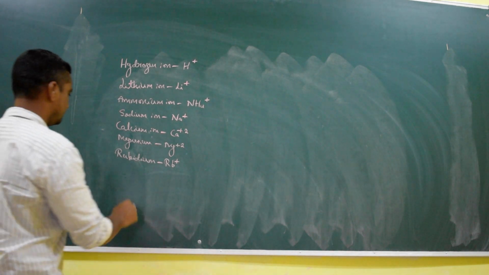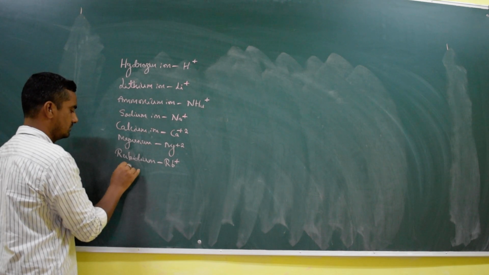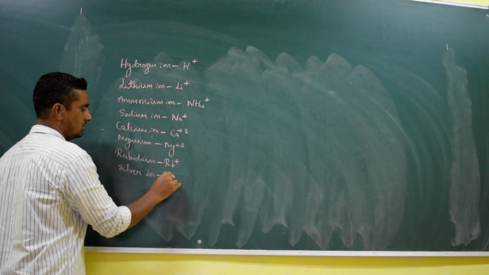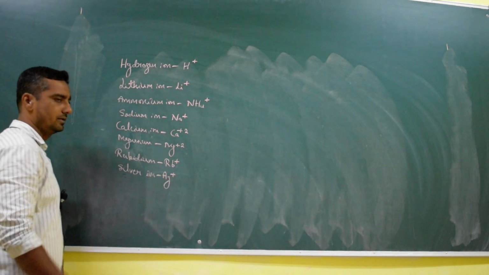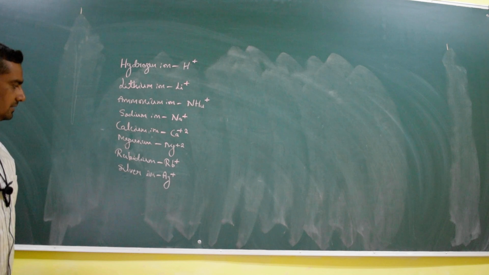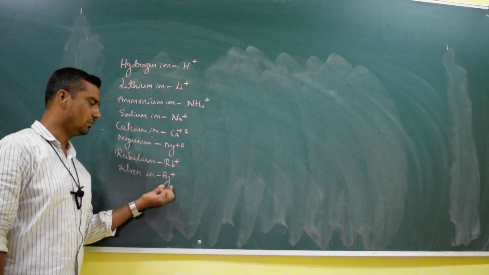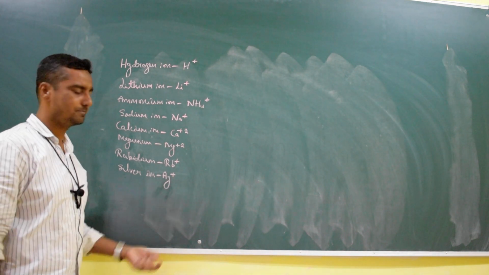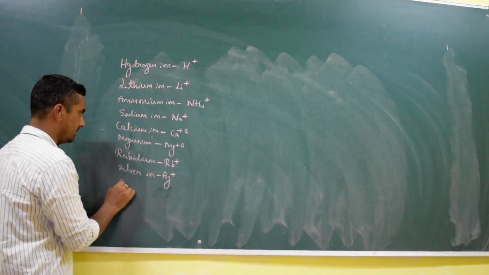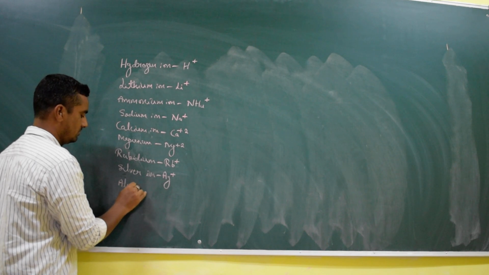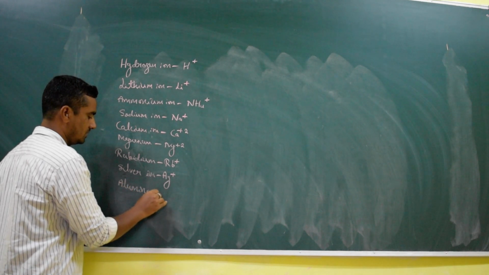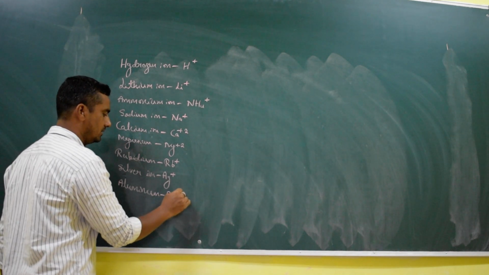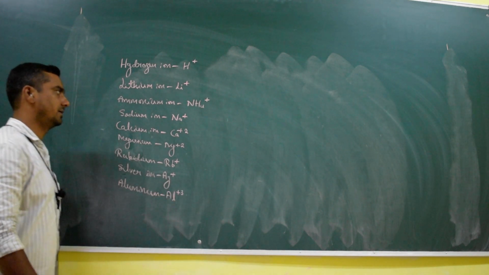And then silver ion. The symbol of silver is Ag. Why is it Ag? It comes from the Latin word argentum, that's why the symbol is Ag. Then there is aluminium, Al plus 3.